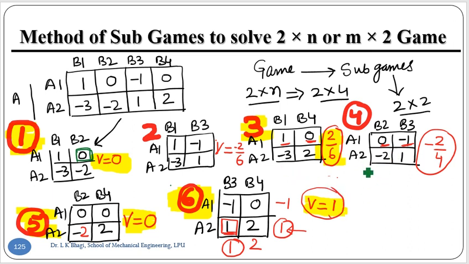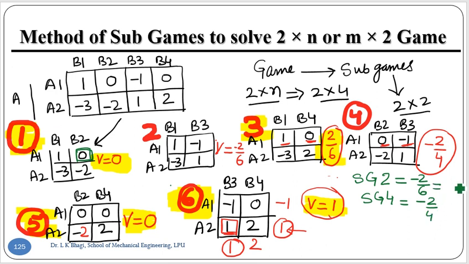So for the B player, subgame 2 is there, and the value of the game comes to be minus 2 by 6, and subgame 4, the value comes to be minus 2 by 4.